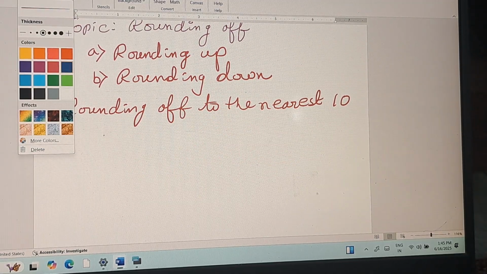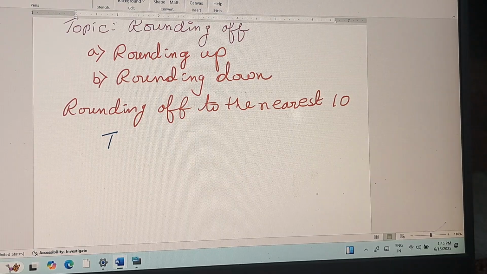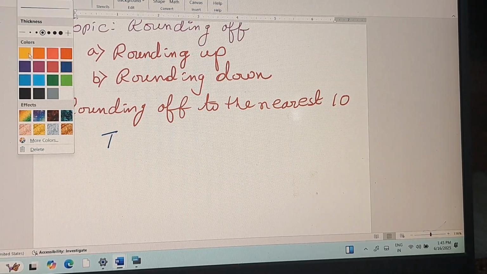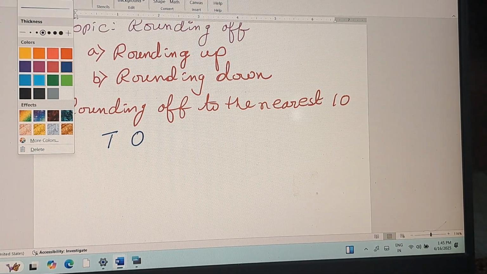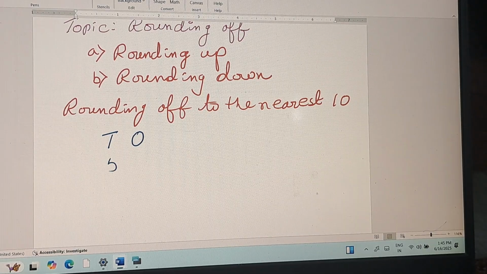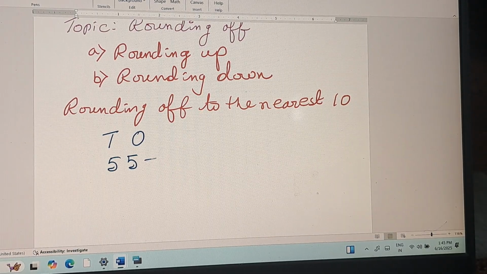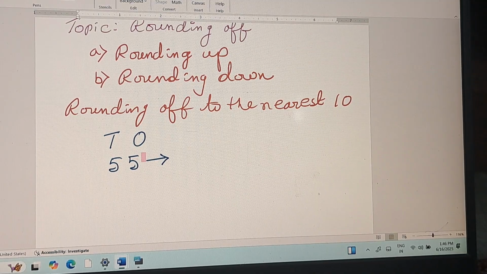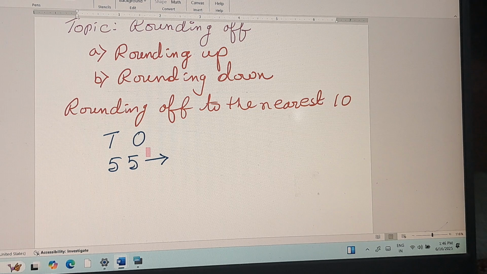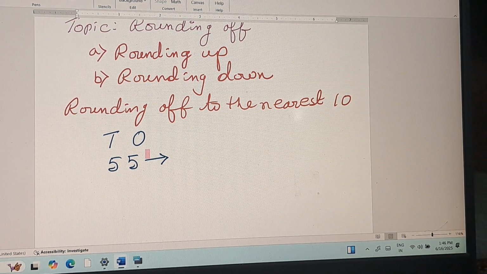We will take a 2-digit number, and when we write the digit, we will always keep in mind to write the place value. So let us take one number, that is 55. In this number, we can see in ones place the value is 5 and in tens place the value is 5.